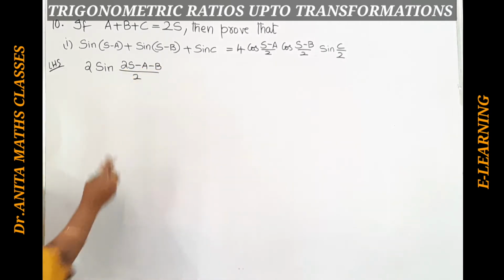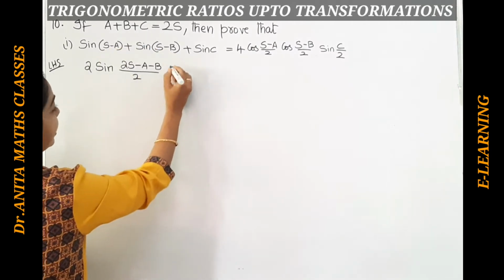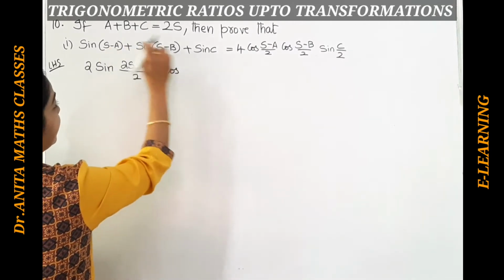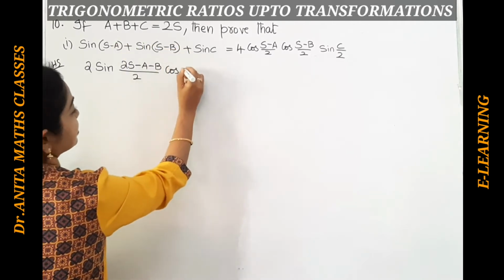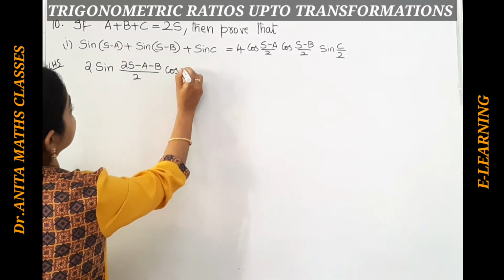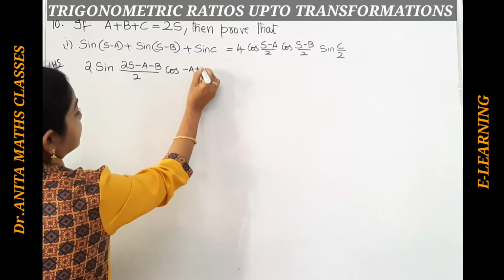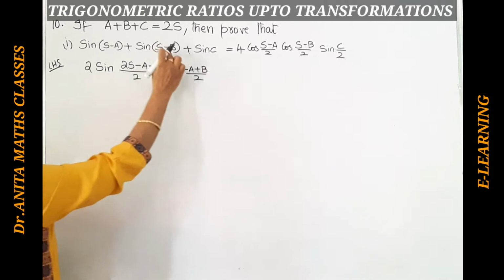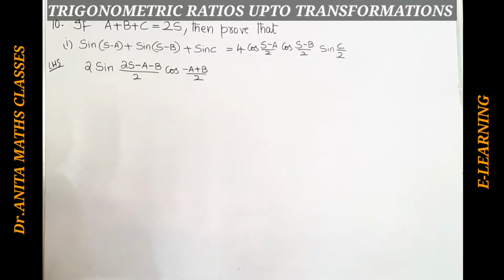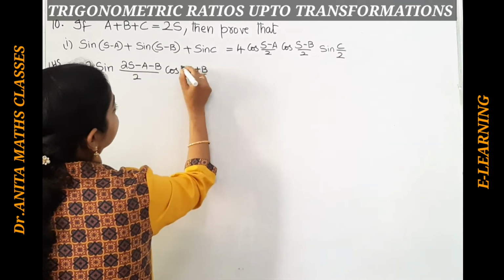Okay, (A plus B)/2 and cos (A minus B). So s goes off. So this becomes plus, minus (A plus B)/2, and A minus B, so plus becomes minus.